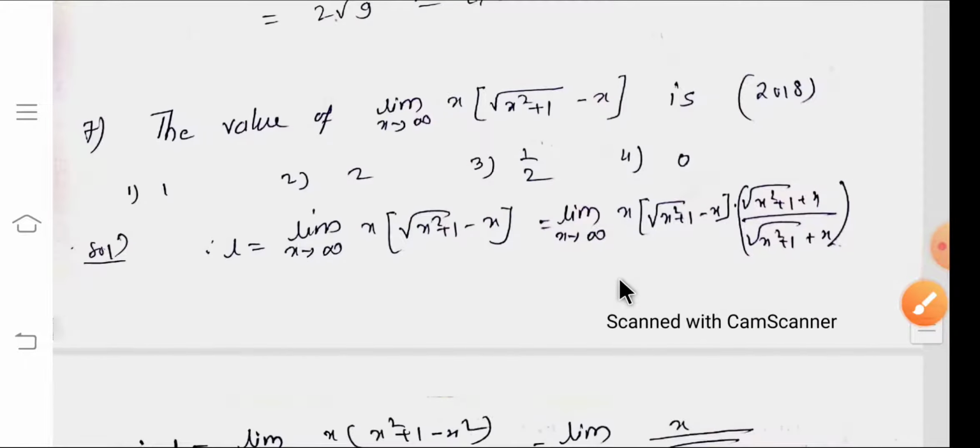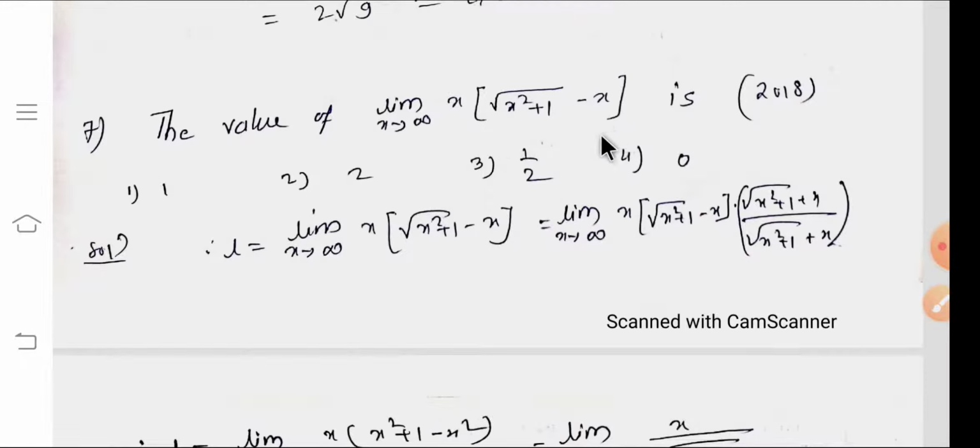So the next example, the value of limit of x tending towards infinity, x into bracket root of x square plus 1 minus x, options 1, 2, 1 by 2, 0, which was asked in the 2018 question paper. Whenever x tending towards infinity comes, we have to rationalize the given function.